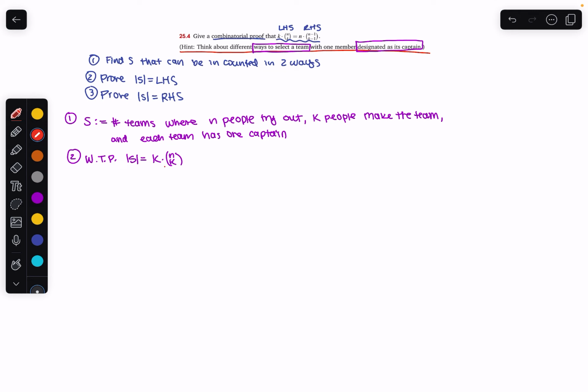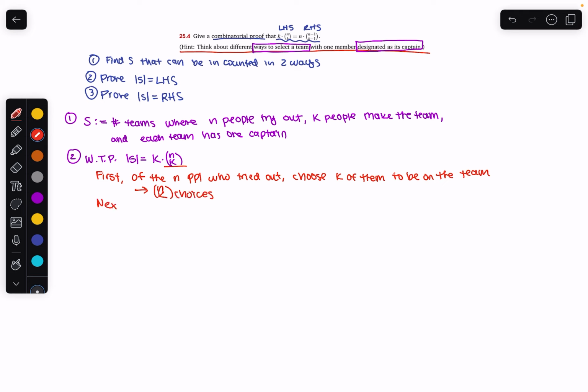So maybe first we're going to do that. Let's say first, of the n people who tried out, choose k of them to be on the team. All right, and that's going to give us n choose k choices, just by definition.